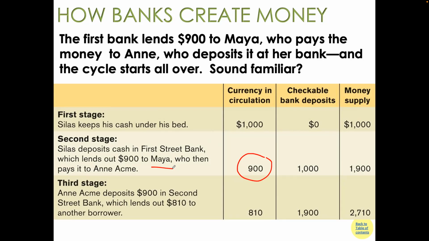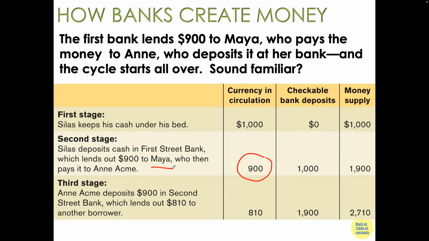Now Maya, with $900 of cash, what is she going to do? Is she just going to keep the cash at home as a decoration, or look at the cash and derive utility? That's not the purpose of walking into the bank in the first place, right? Usually she takes a loan to have some business to do.